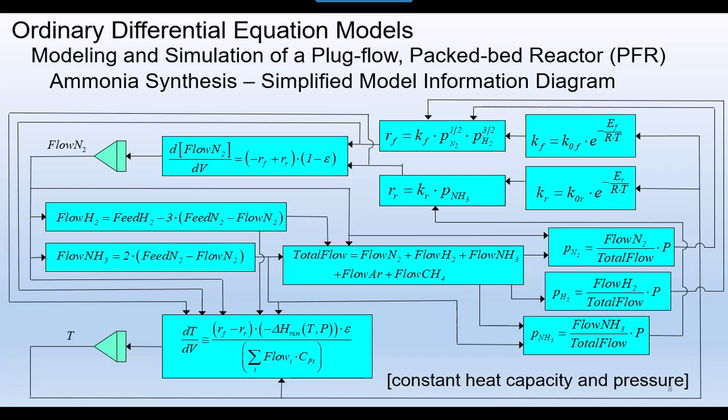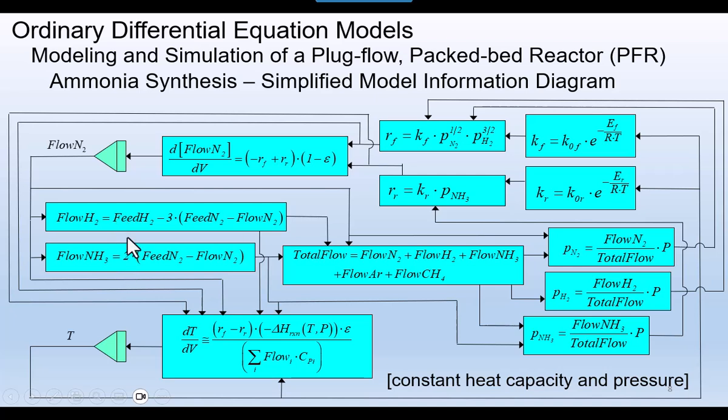And as we showed a couple slides ago, instead of a differential equation in terms of enthalpy, we have one in terms of temperature, and this is the expression that we used before, and here we have the constant heat capacities, all right? Solving this equation gives us the temperature, and then we have our differential equation for the flow of nitrogen, and when we solve that, it gives us the flow of nitrogen.